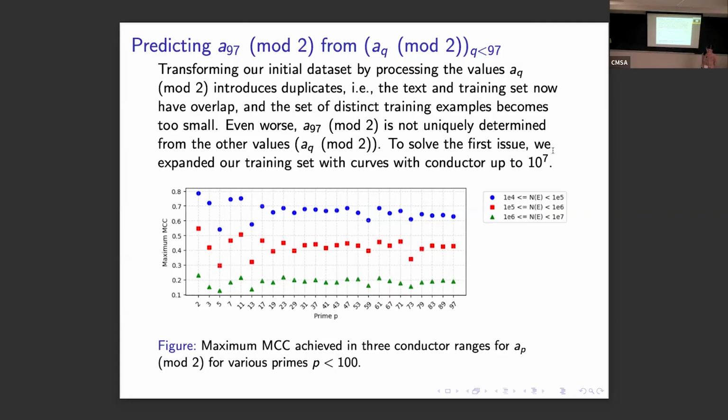Yeah, which I guess we did start out with the experiments to predict A97 mod 2 from the reduction mod 2, and then we went back full circle to predicting A97, and so it does seem like the model probably does predict A97 mod 2 just from the reduction mod 2, right? Yeah.